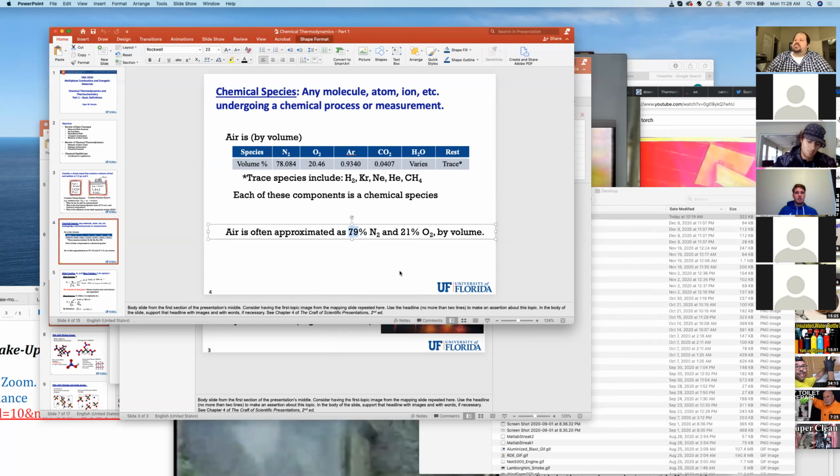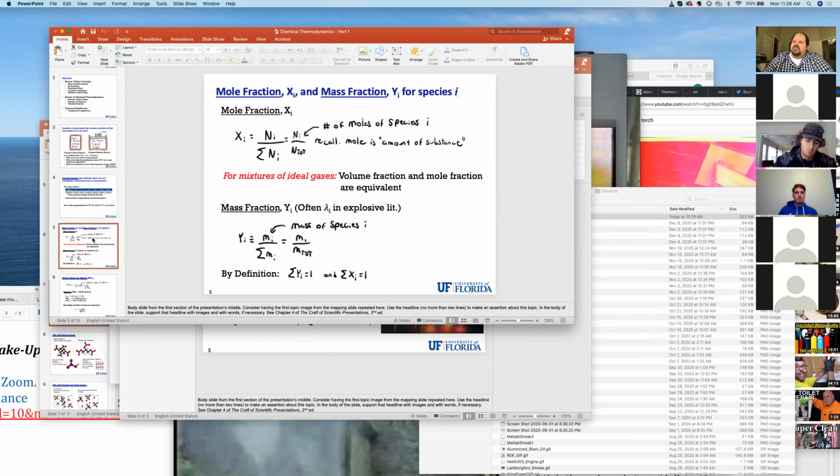So you can think of species as all the different chemical components, or the different molecules, that make up a mixture of gases. Using that, there are parameters called mole fraction and mass fraction. Mole fraction is X sub i, and mass fraction is Y sub i, where i refers to the species.